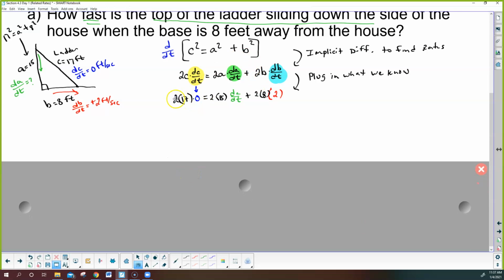Okay. The nice thing is 2 times 17 times 0 is still 0. I get 30 dA/dt plus 32. And then I'm just going to go ahead and subtract 32.